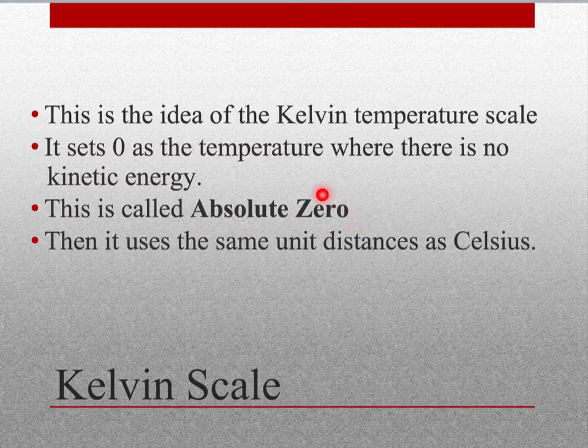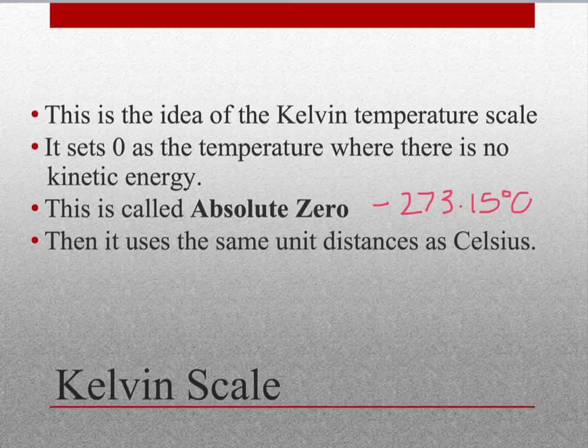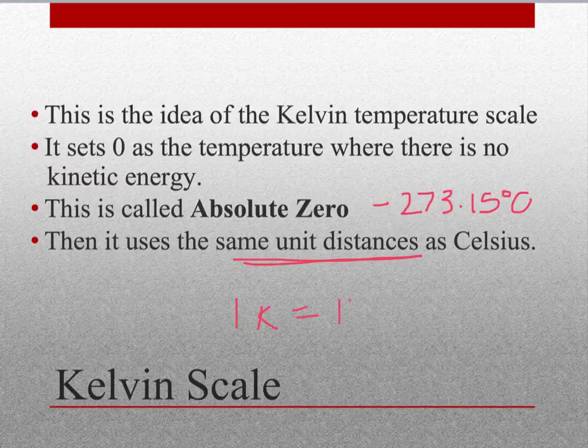This is very, very cold. Absolute zero is at negative 273.15 degrees Celsius. Okay, but to make things simple, because Celsius is widely used, they say it's the same unit distance as Celsius. So 1 Kelvin is equal to 1 degree Celsius. Just 0 is set at negative 273.15. Absolute zero is also extremely difficult to get to because there's no kinetic energy.